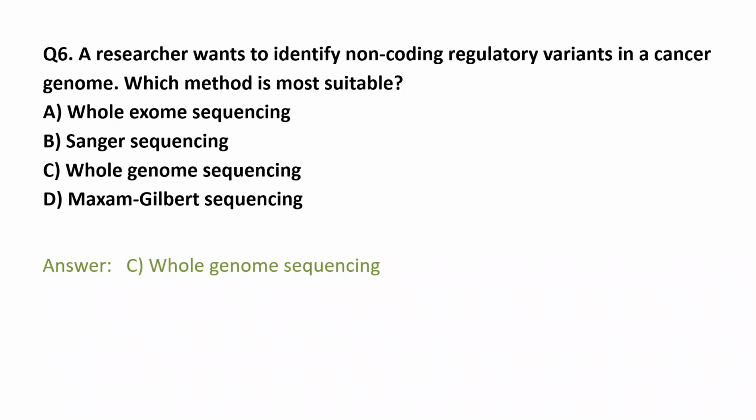Sanger sequencing is essentially limited to small scale sequencing projects and cannot handle the large scale analysis required for whole genome studies. And Maxam-Gilbert sequencing is quite outdated, labor intensive and not practical for large scale genome sequencing. So whole genome sequencing is correct.